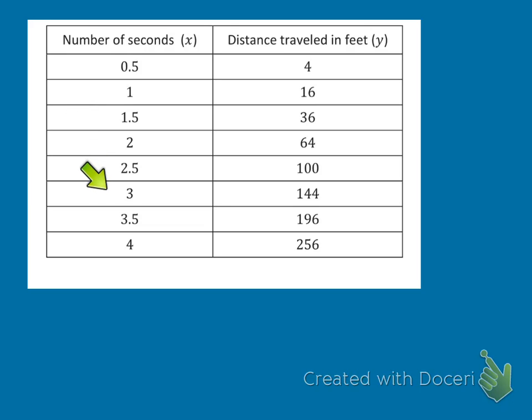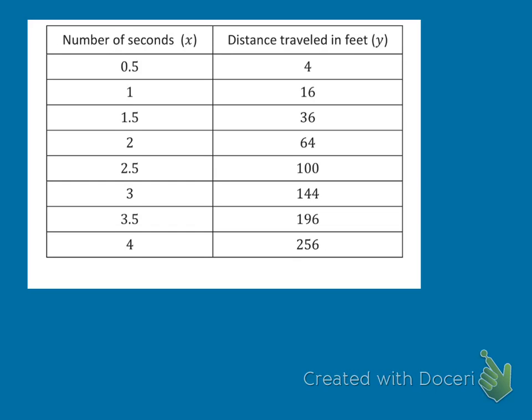So you can study the data here. In 3.5 seconds, it went 196 feet. So our method was predicting 168, not 196. So we were off. And so this additional data is going to help us make better predictions.